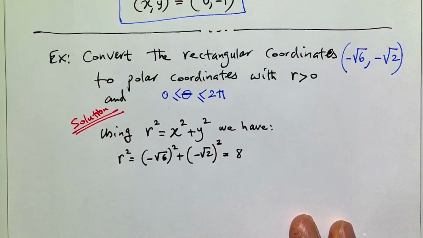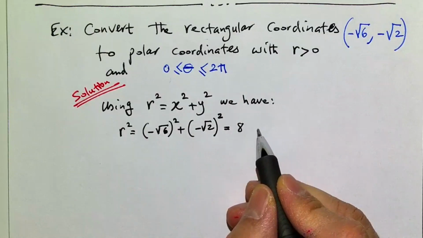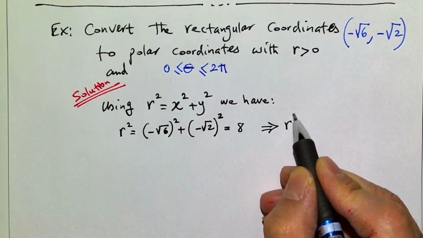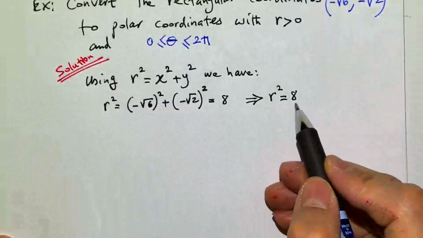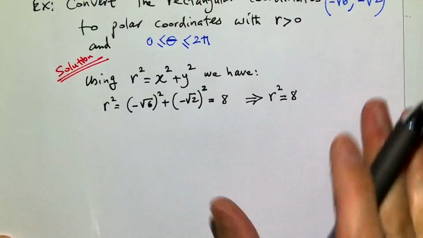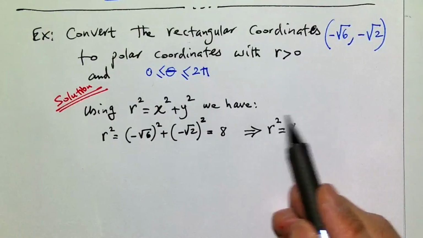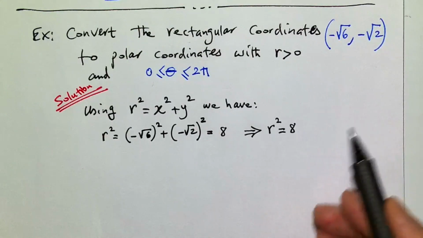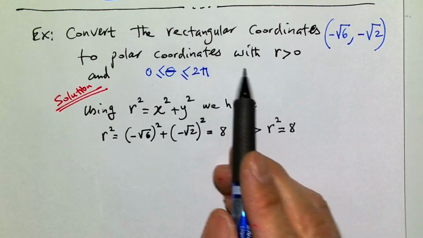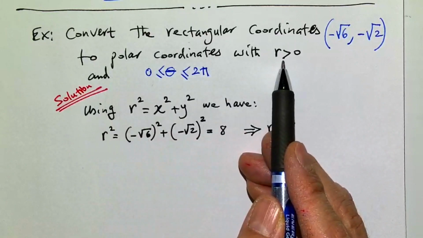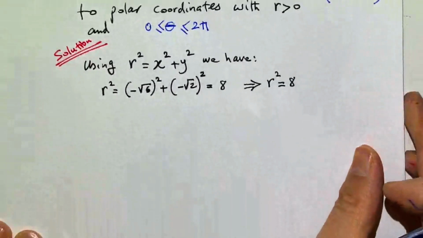So r squared equals 8, which means r is equal to square root of 8. And using this square root property, if you take the square root of both sides, you will get plus or minus square root of 8, which is plus or minus 2 square root of 2. But they said polar coordinates with r positive, right? So we toss out the negative piece and we keep the positive one.